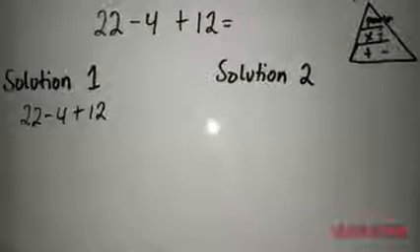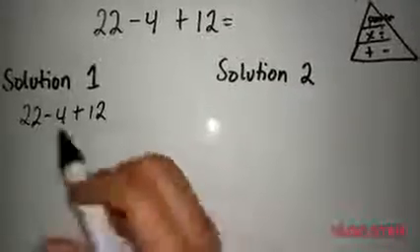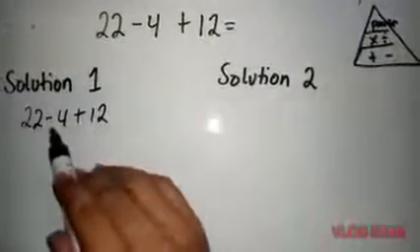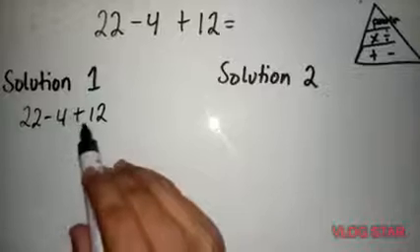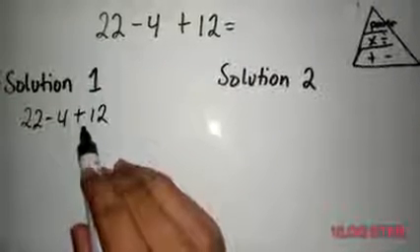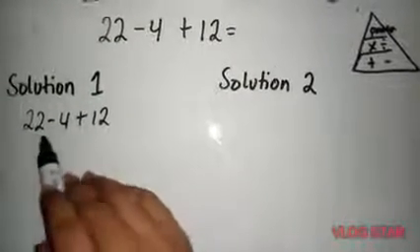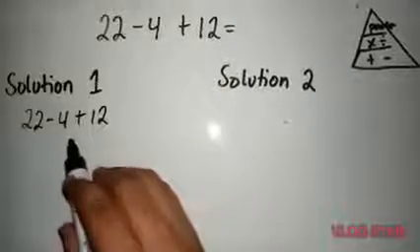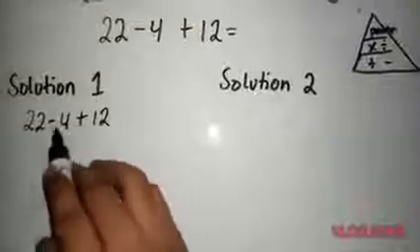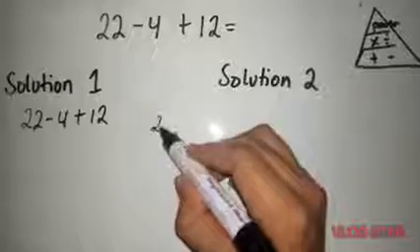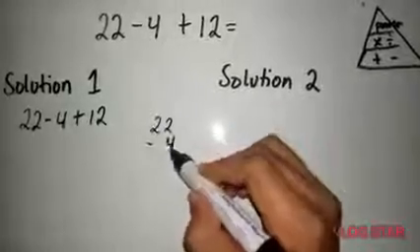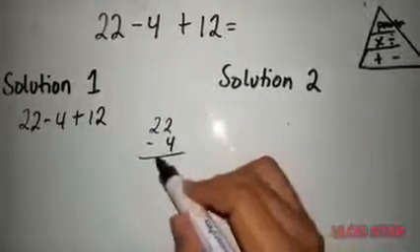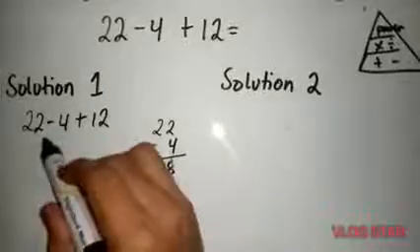So in this case, since subtraction comes first before addition, we should subtract first. 22 minus 4, the answer is 18.